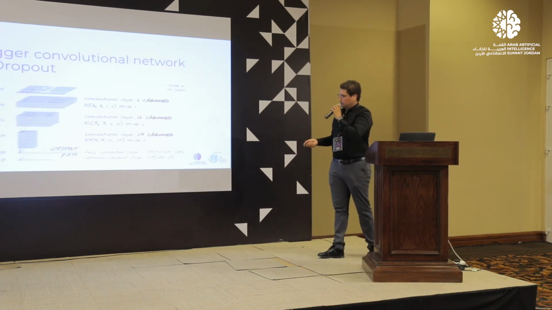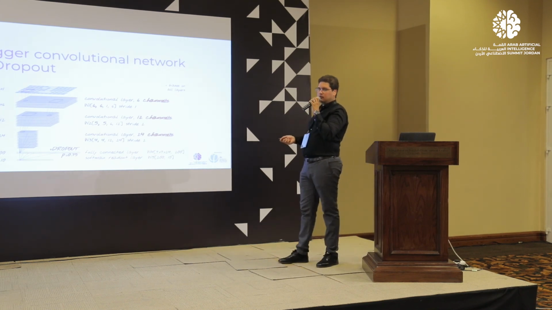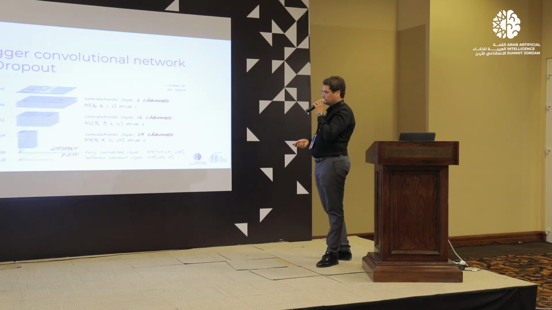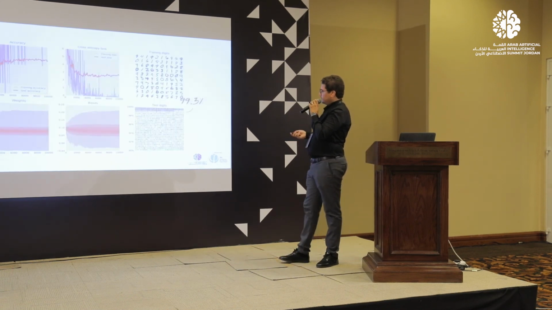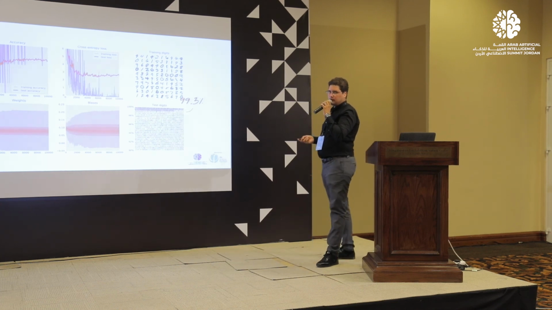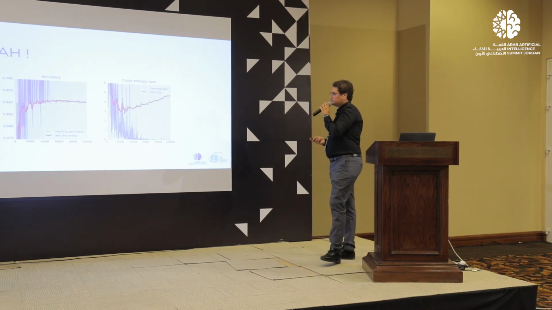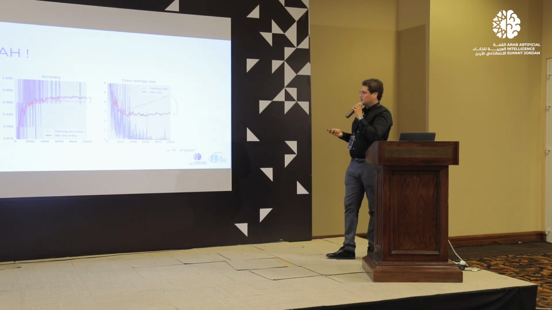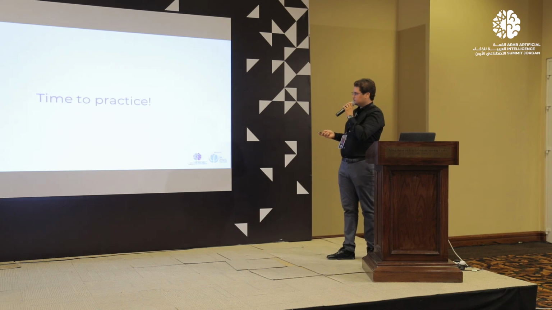We never use the dropout in the convolution layers. We just use it in the dense layers at the end. And using that, we are able to get 99.3% accuracy on the MNIST dataset. Okay, this is the effect of the dropout on the convolutional network.